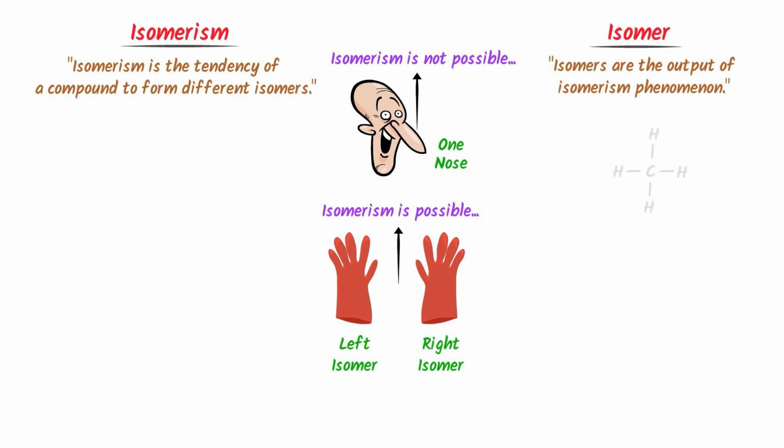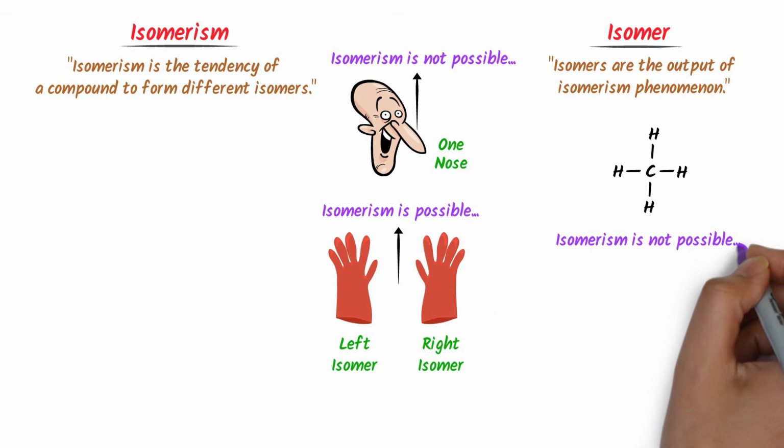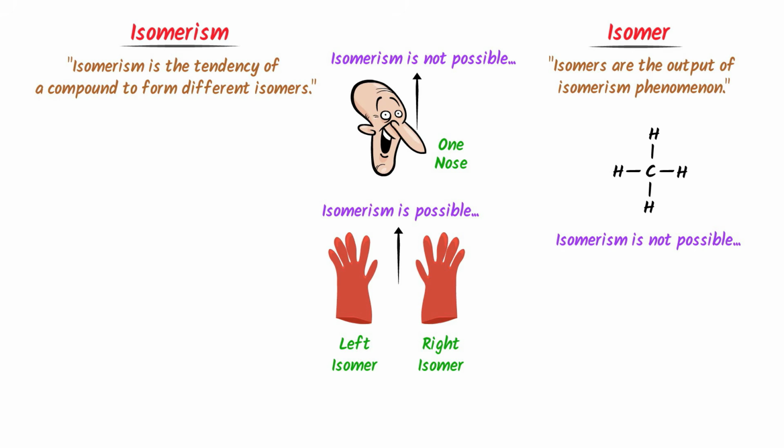For example, consider CH4. We say that isomerism is not possible in CH4, so it has no isomer. Thus remember that isomerism is the phenomena or tendency of a compound to form different compounds having different structures, while isomers are the output of the isomerism.